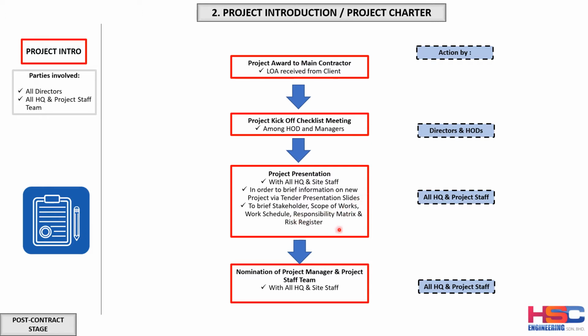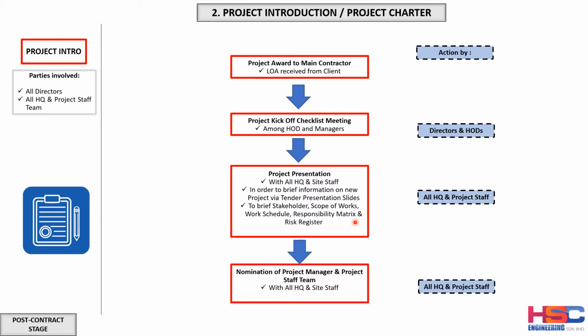This will brief all the project staff and HQ staff on who the stakeholders involved are, what the scope of work is, the work schedule, the responsibility matrix, and the risk register can also be briefed at this early stage. So this is like a project charter meeting where all the brief information needs to be informed to all the project staff and all the HQ staff.